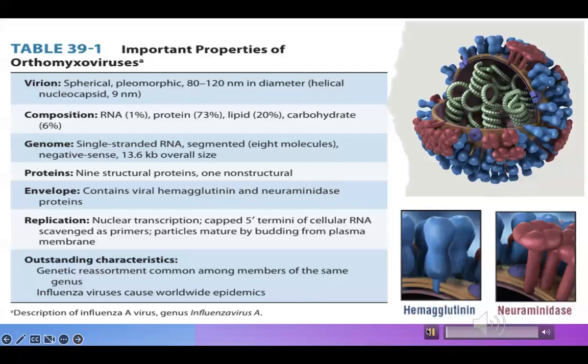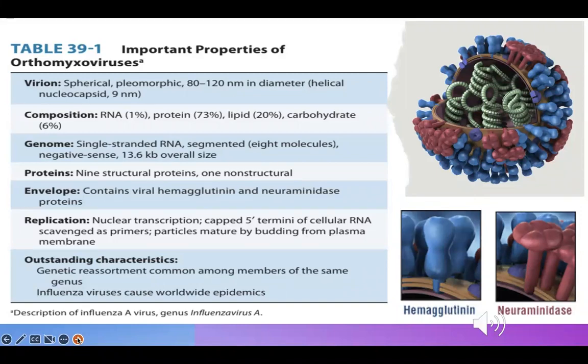So again, to recap, the important properties of orthomyxoviruses. You can find this in your Jawetz, table 39-1. Their virion is typically spherical in shape, pleomorphic because of the envelope. They tend to change in form or shape. Their composition is RNA, and their genome is single-stranded RNA segmented into 8 molecules. Later, we will discuss the significance of its segmented genome.